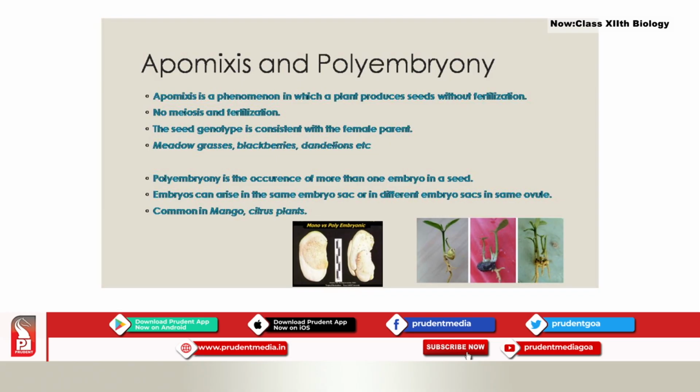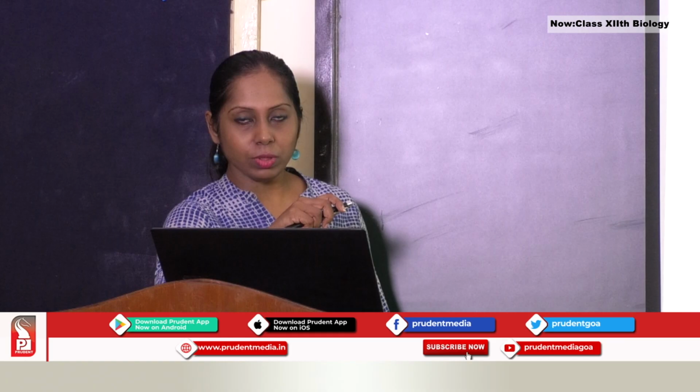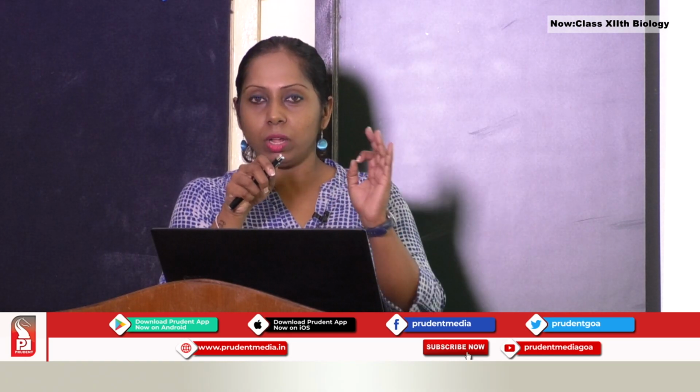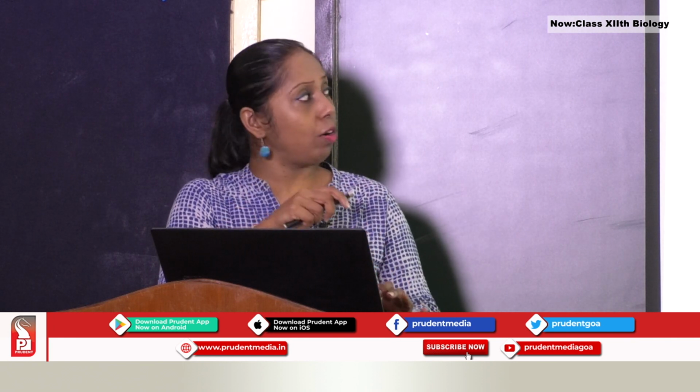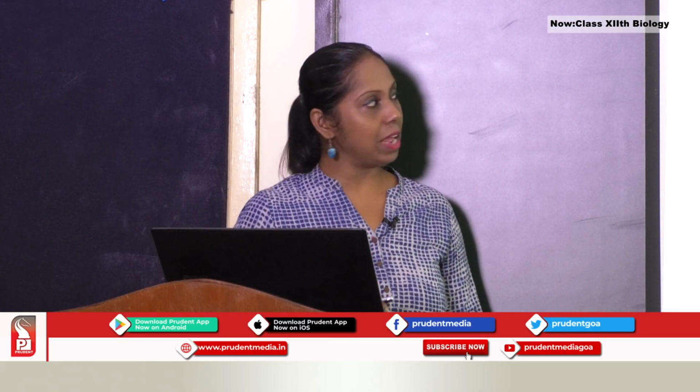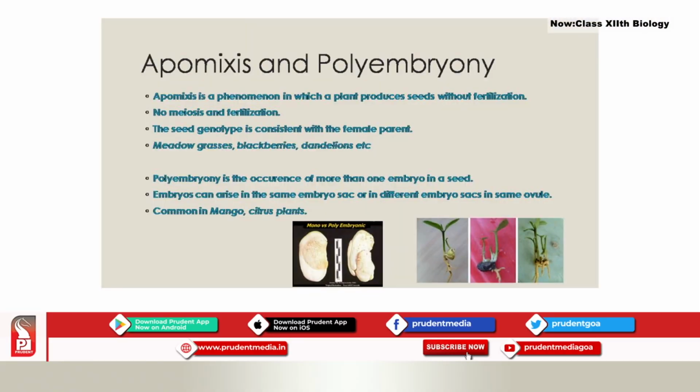And look at this point: the seed genotype is consistent with the female parent. Do you agree with this point or not? The seeds that are formed are going to be an exact replica of the female parent. That means the female genotype is going to be the same as the seed genotype, or they are clones. This is found in meadow grasses, blackberries, dandelions, etc.